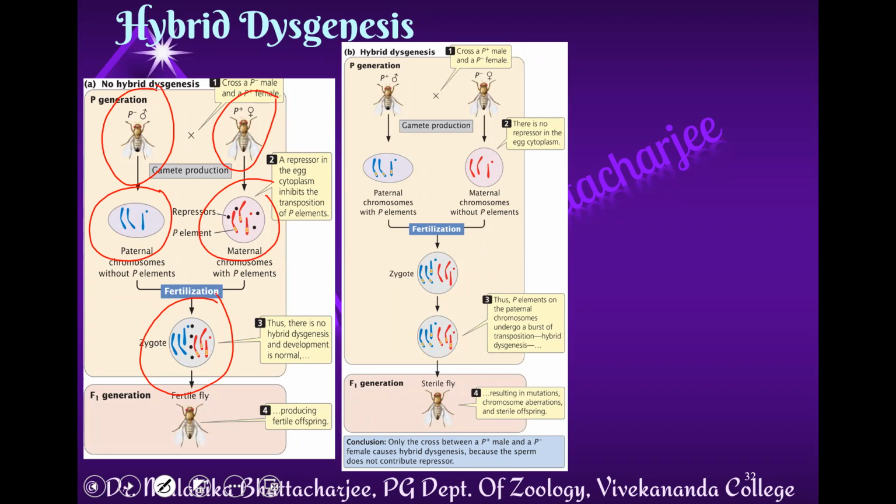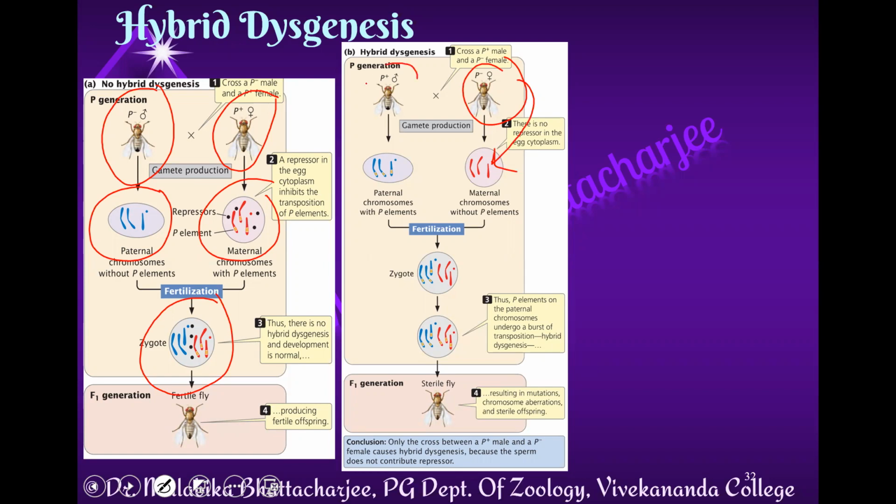Now one thing to be kept in mind is that the P male cannot produce the repressor proteins. As you can see, the P minus female does not have any P elements, so their egg cytoplasm does not contain any repressor element.